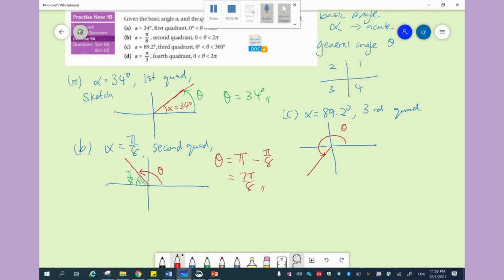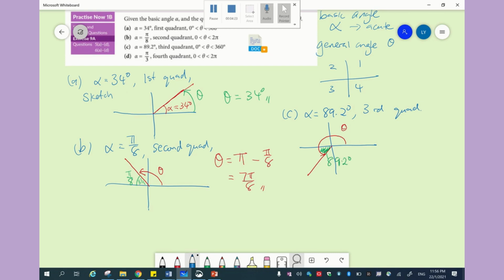This is your theta. And your basic angle is always the acute angle between the terminal side and the x-axis. So this angle is 89.2 degrees.